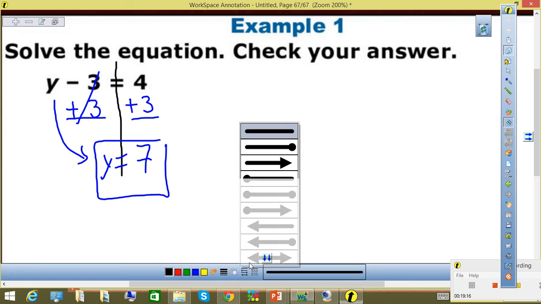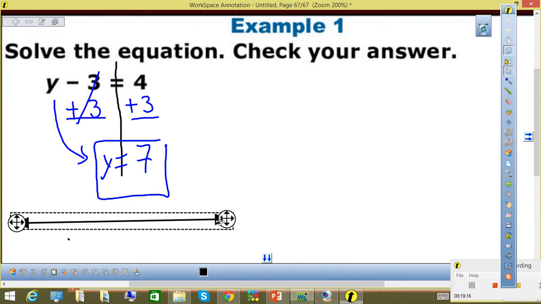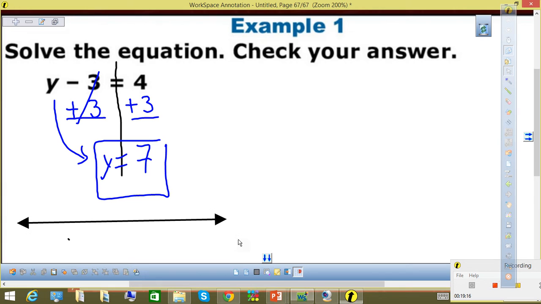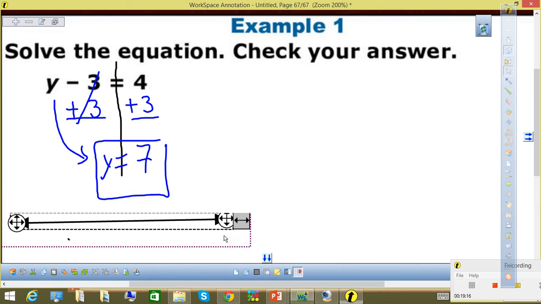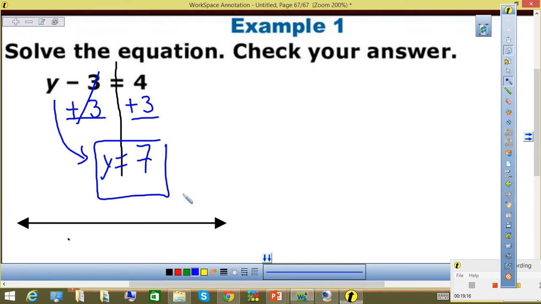Draw your number line. Underneath here. There it is. Nice and straight like mine. There it is. We go 0, 1, 2, 3, 4, 5, 6, 7, and we plot our point.